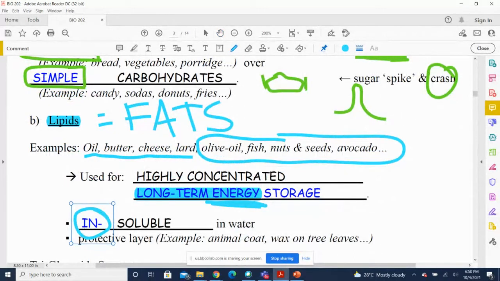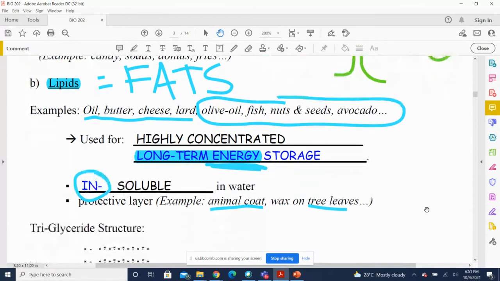And this can become very handy. For example, many animals use lipids on their coats to form a barrier between water and them, or tree leaves can have a shiny lipid coat on their surface to protect them physically, also from radiation and also from loss of water a little bit.